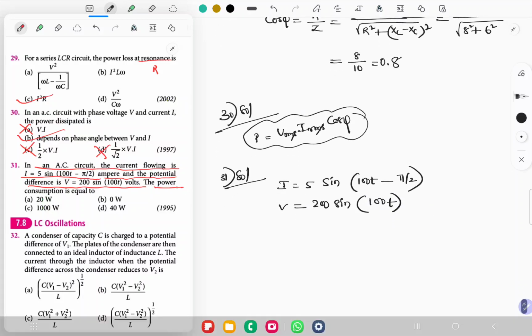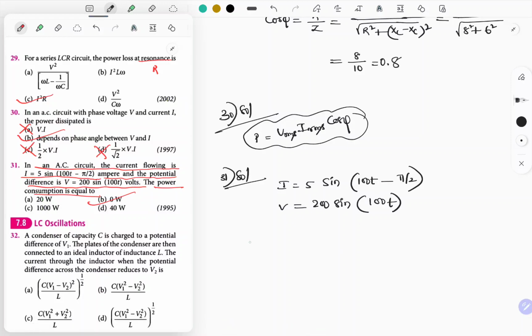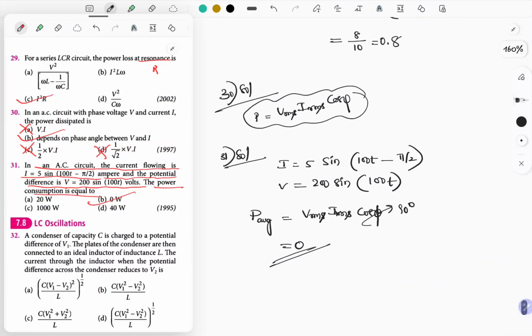They are asking the average power consumption. The phase difference between them is 90 degrees. So P average is equal to VRMS into IRMS into cos phi, where phi is 90 degrees. So the answer is going to be 0. Option B is the correct answer.